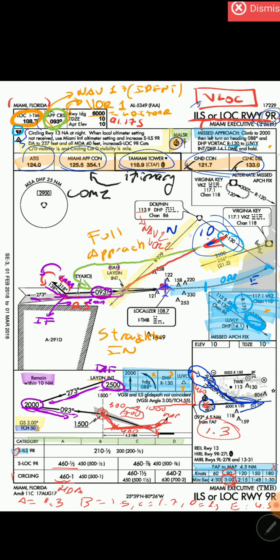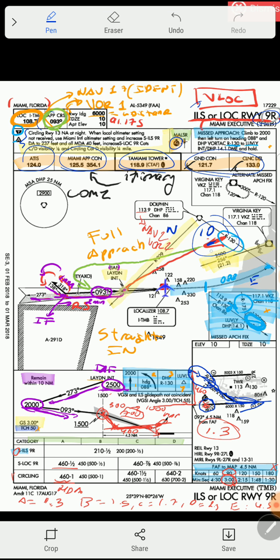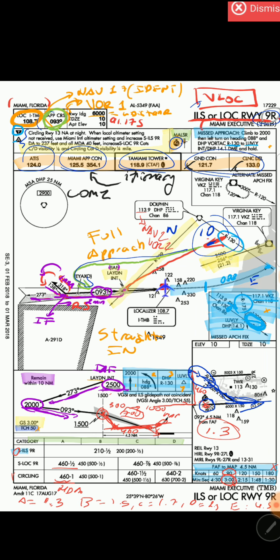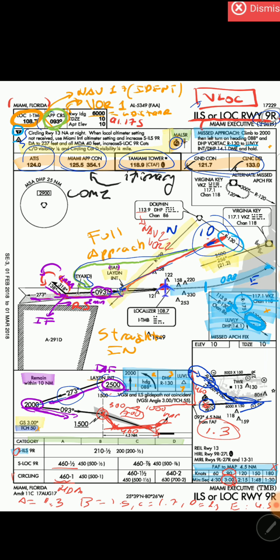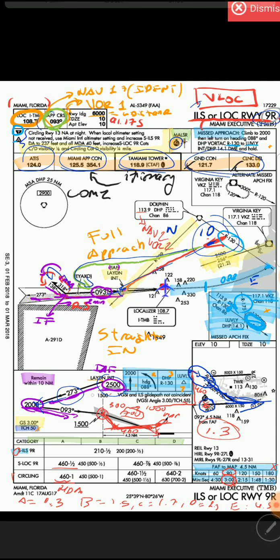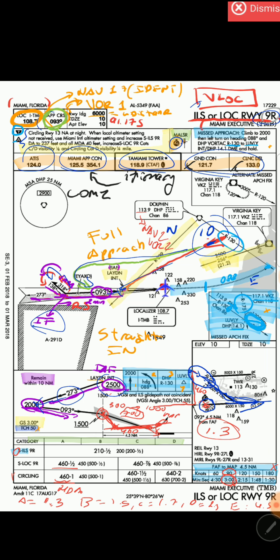Now, since we are here, we can expect a straight-in approach with vectors to final, or we can expect the full approach here at Leiden. At Leiden, we're going to join at 2,500 feet, cross Leiden, flying 273 for 2 minutes. Then the course reversal is a right turn heading 318, left turn heading 138, re-intersecting the localizer, which is going to be my intermediate fix.